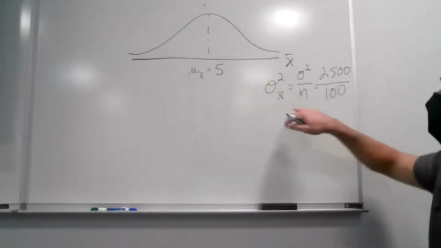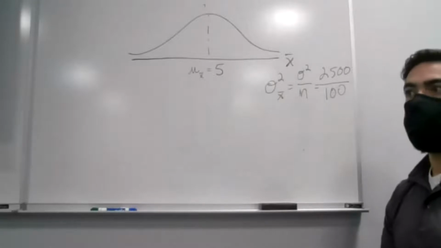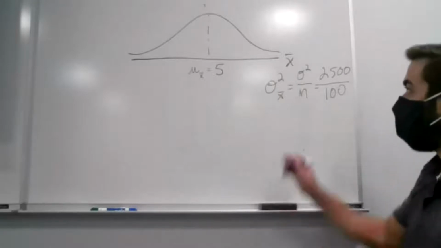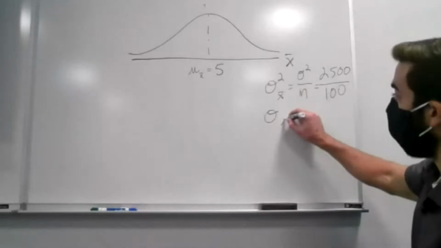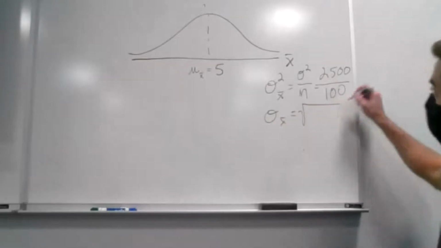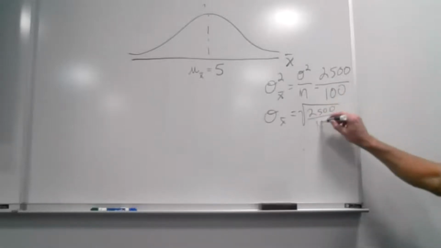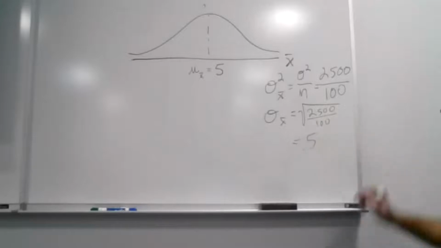So I have the mean and I have the variance of this distribution. Now we go to that z-score equation. We said that denominator was actually representing the standard deviation of my sample means. So I could just take the square root of this, which ends up being 5.